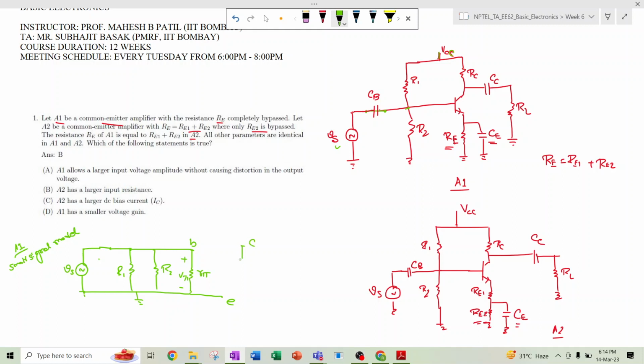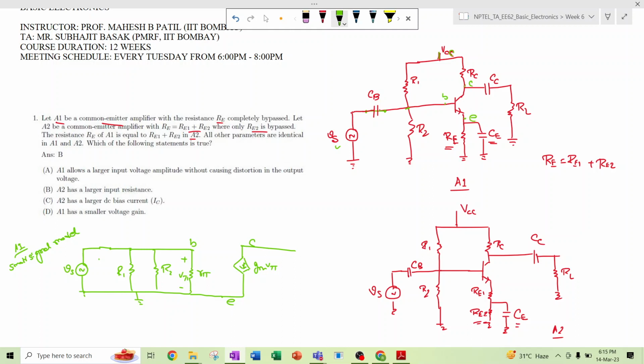From collector to emitter there is a current source, which is nothing but gm V pi, connected to the emitter.